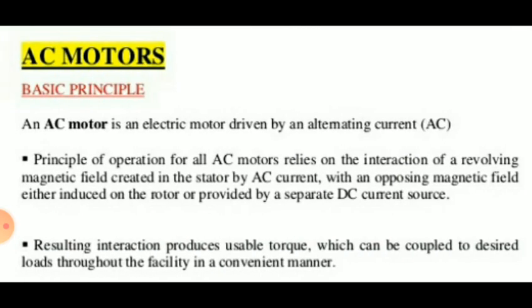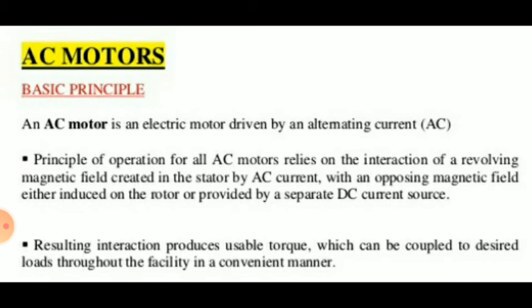So AC motor is an electric motor driven by alternating current, that is AC. So principle of operation for all AC motors relies on the interaction of a revolving magnetic field created in the stator by AC current.